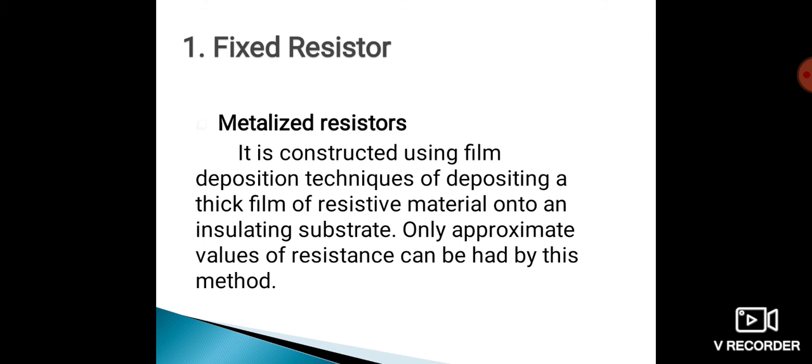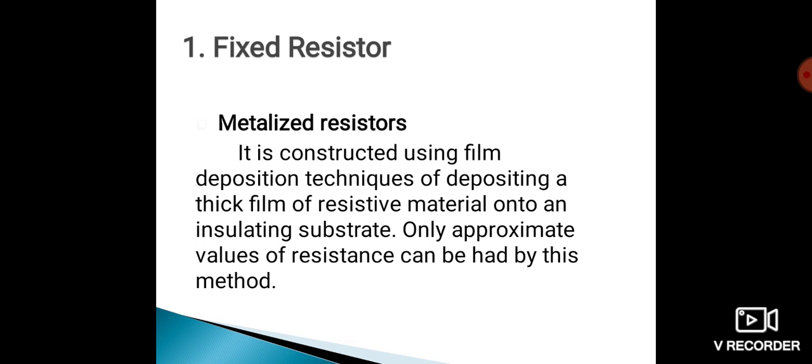In that slot, we deposit a resistive material. So it works on the film deposition technique. In that slot, we deposit a liquidized form of that resistive material. After cooling, it gets converted into the solid form and works as a resistance.